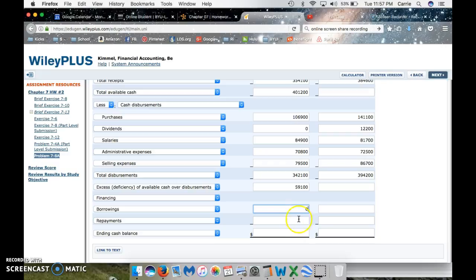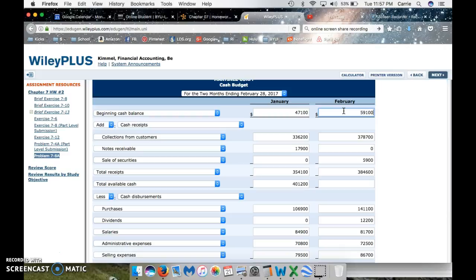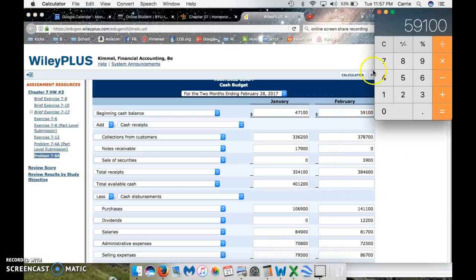We don't have any repayment information given, so we have to assume it's 0, which means our ending cash balance for January is going to be this. So we take that, and then we put it back here for February, and then we start our February stuff. And I'm about to run out of time, so I'm going to pause it and then put the numbers in. I'll be right back.